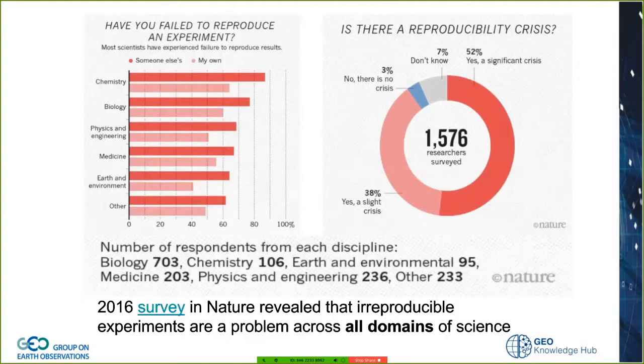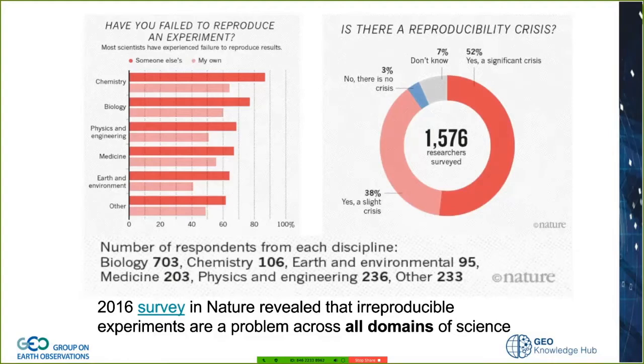This chart here shows the results of that survey, in which we can see, for example, on the left-hand side, the top bar refers to the domain of chemistry, that over 80% of the experiments and results that were achieved through research within the chemistry domain were found to be non-reproducible or irreproducible.